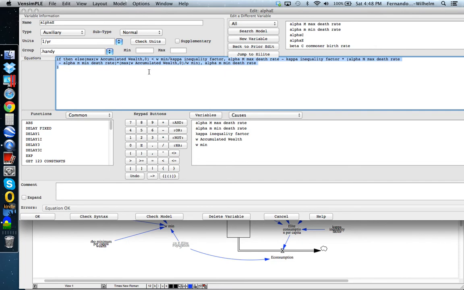So that's the equation that we discussed in the class. Look at the syntax and make sure you understand how these if-then-else statements are used in VENSIM. It's fairly straightforward.